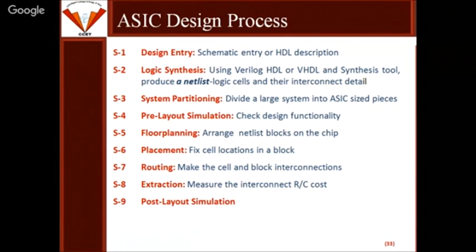But if it passes, then you go for floor planning, then placement of the different modules, then routing, then extraction, and then post-layout simulation. Every step is basically a checkpoint. If it fails after any step, you have to go back.